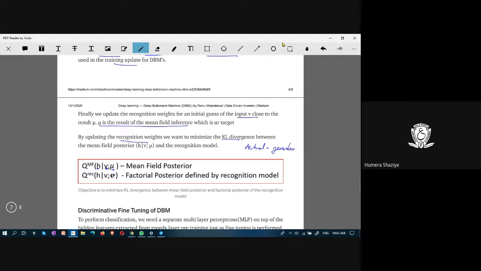So if you subtract this and reduce the difference, you can say that this generated value is approximately equal to the actual value. And then here H conditioned on V using mu, and this one is H conditioned on V using V.